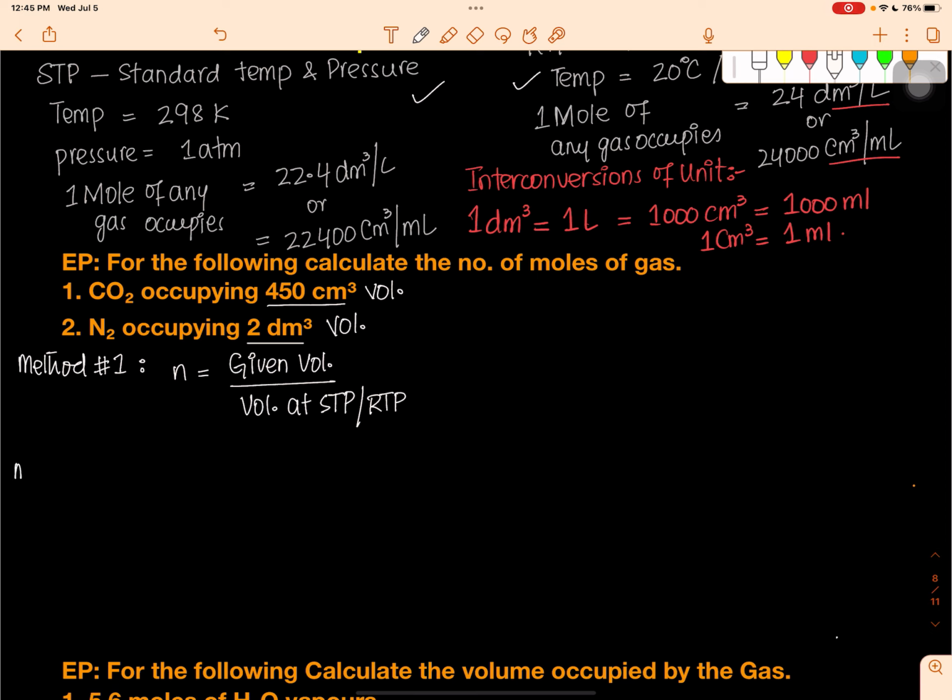Or we can use method number 2, which is a ratio method.